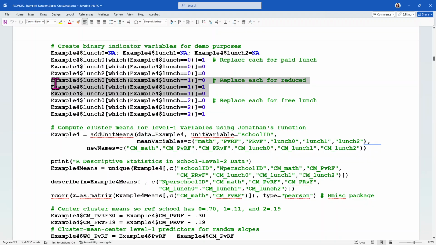But this one would be just for the people who have reduced, and it would lump together the paid and the free, which I would think is weird. So I think you can examine correlations if it is a meaningful variable that you've created with respect to the zeros and the ones. Maybe it's a compromise. I think we're talking about the same thing, maybe.